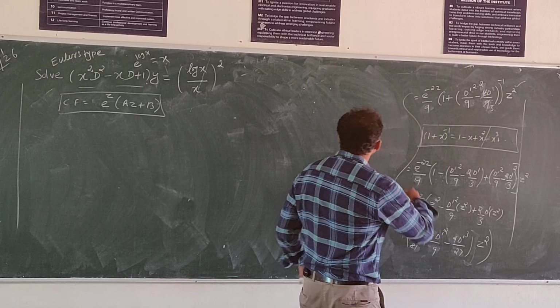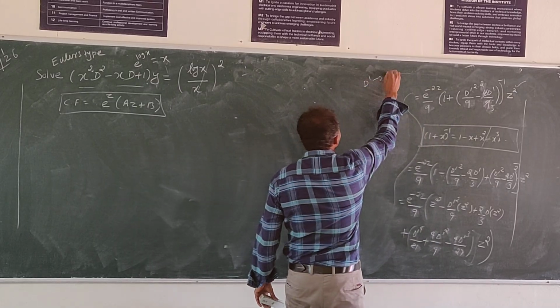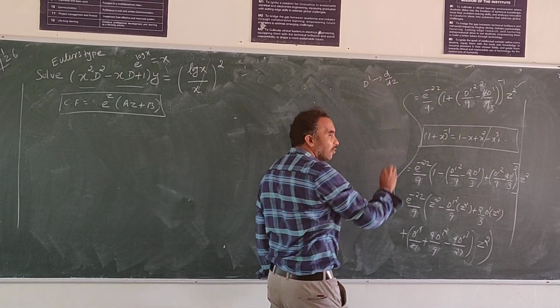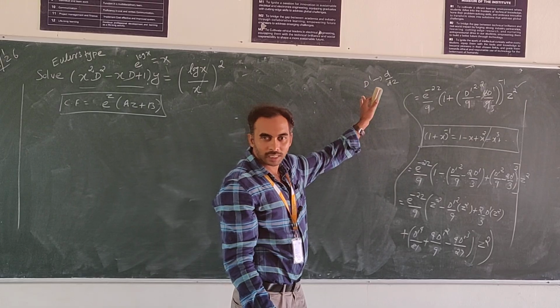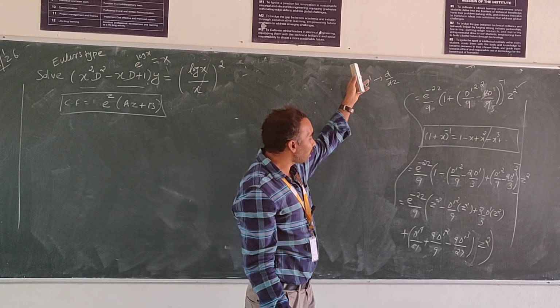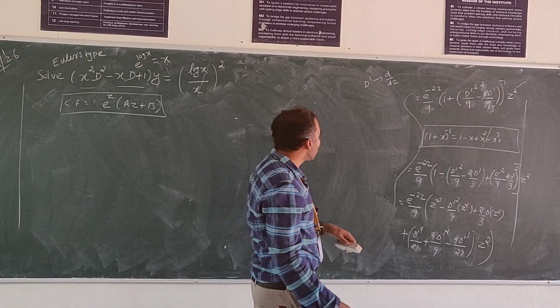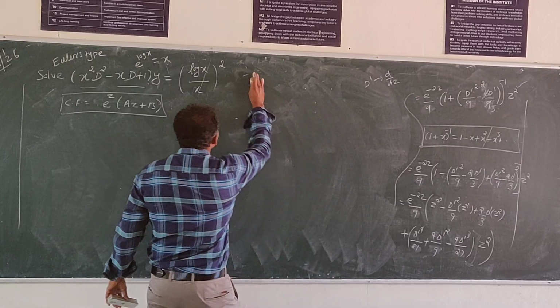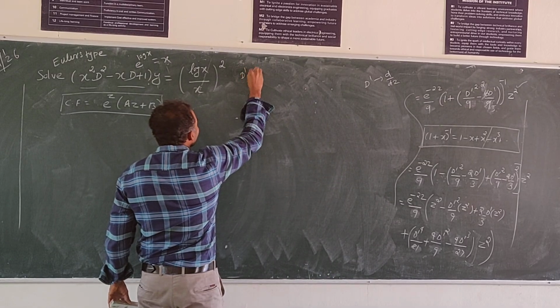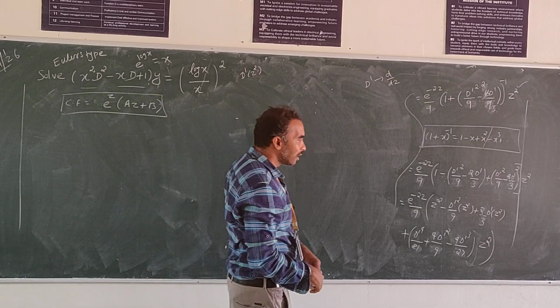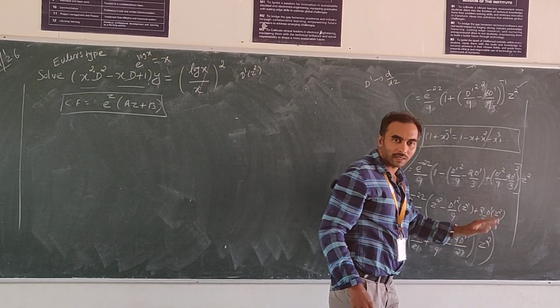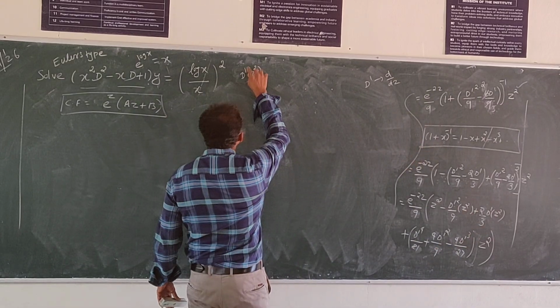D' represents differentiation, one time differentiation with respect to z. D' squared represents two times differentiation. So D' z square, because here z square is there. First we have to calculate D' z square.